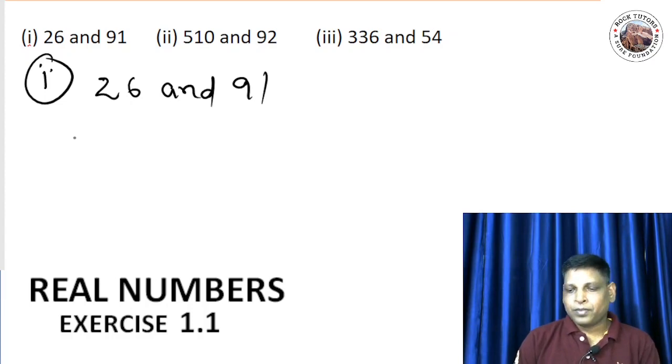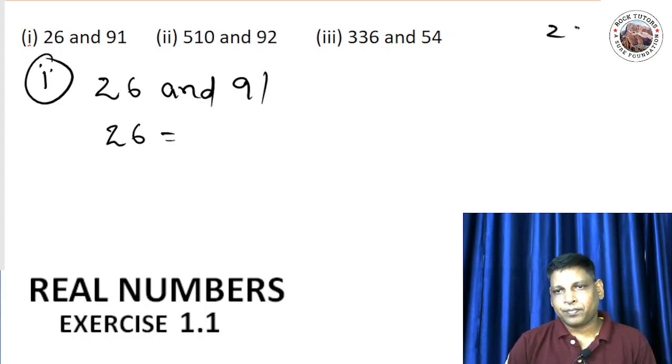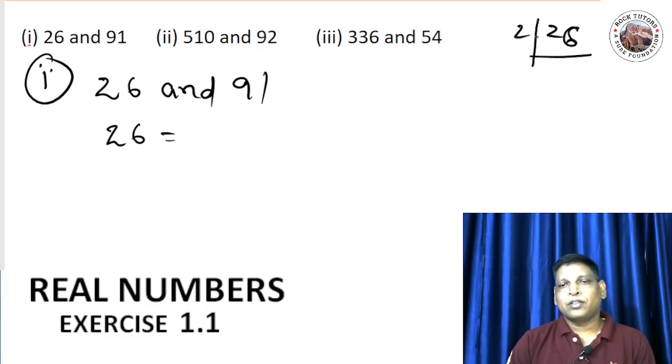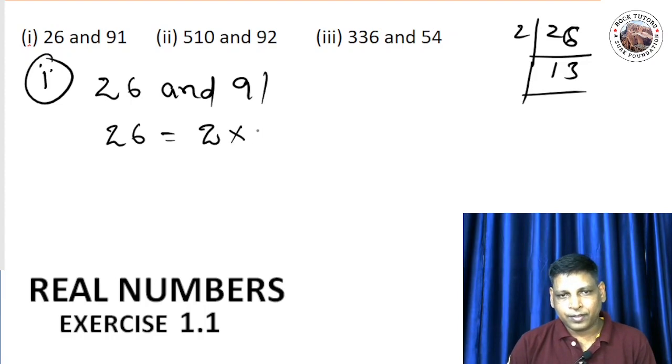First we write the prime factors of 26. 2 times 13 is 26, and 13 is a prime number, 2 is also prime, so 26 is 2 into 13.